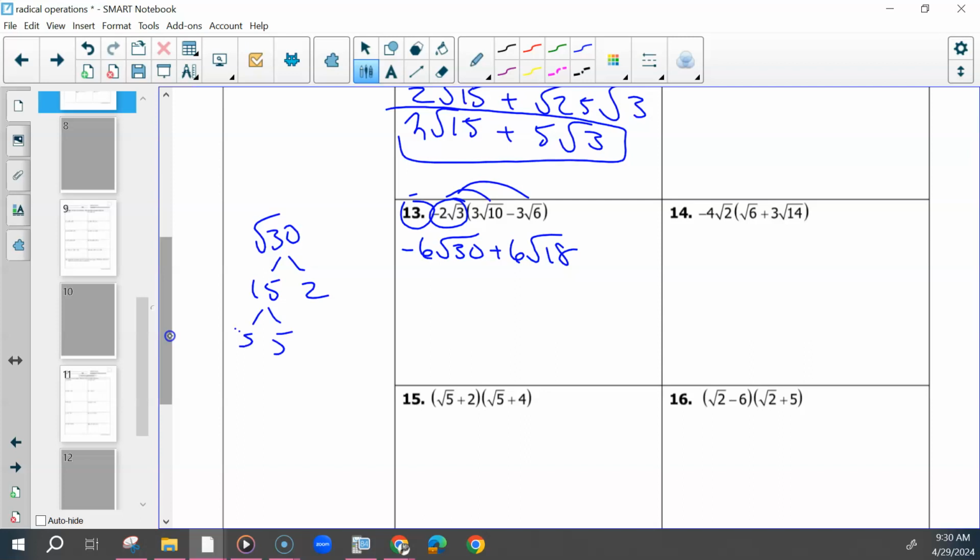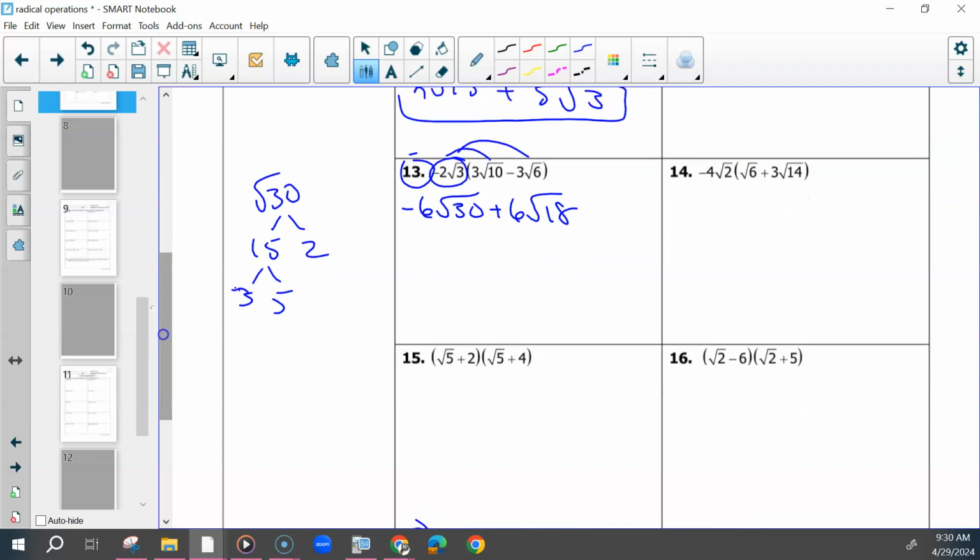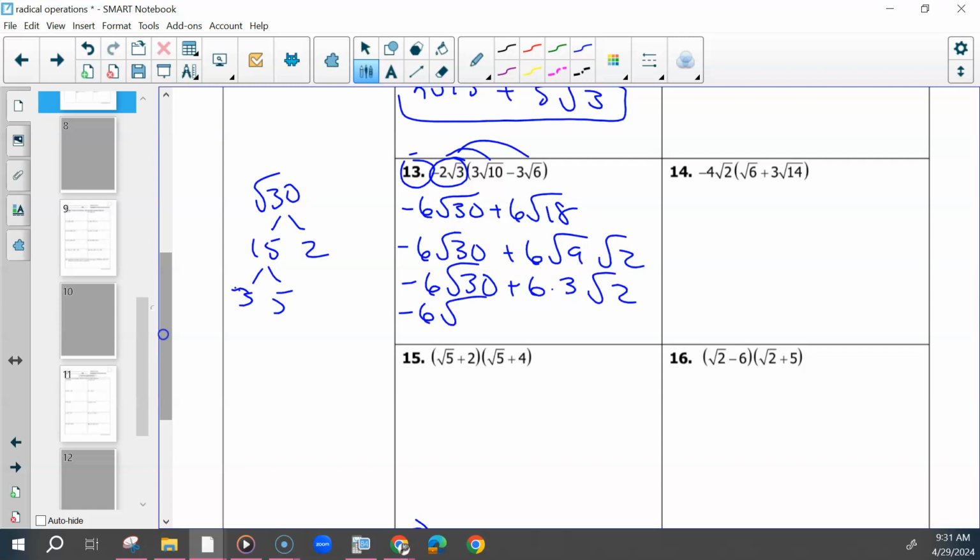So if you see the square root of 30 in your work somewhere, leave that. But for 18, we can simplify that. 9, 2. We have negative 6 root 30 plus 6 times 3 times the square root of 2. So our final answer, negative 6 root 30 plus 18 root 2.